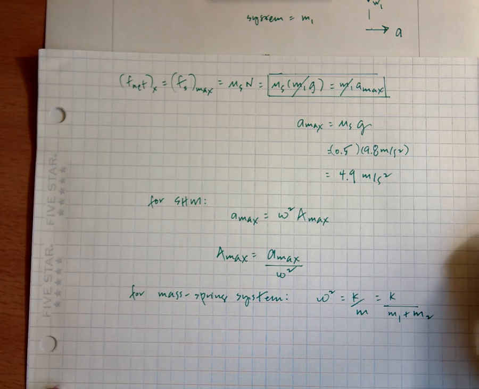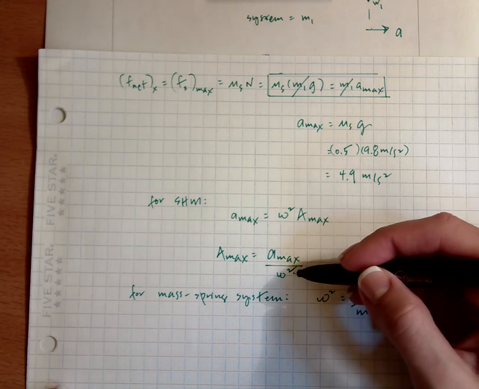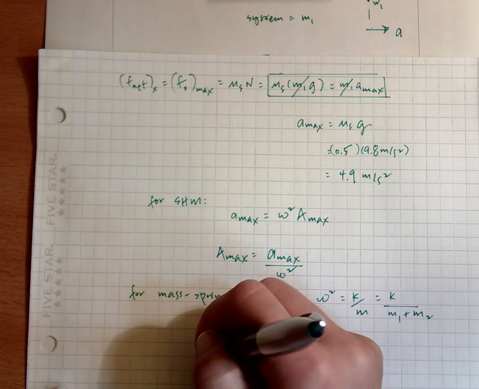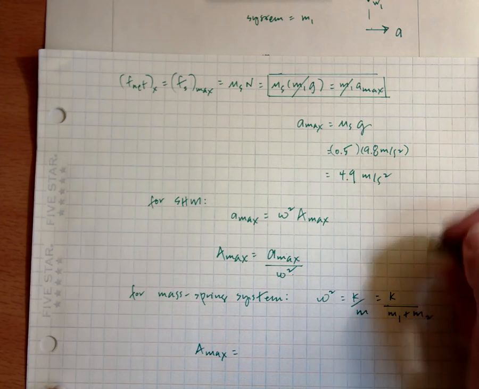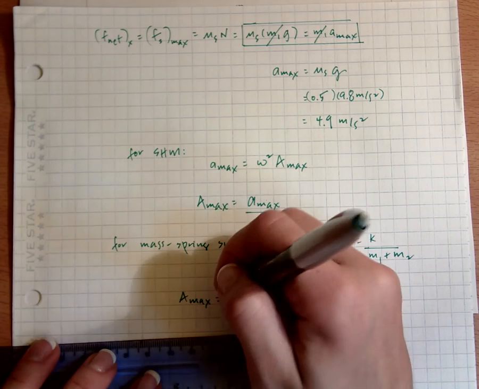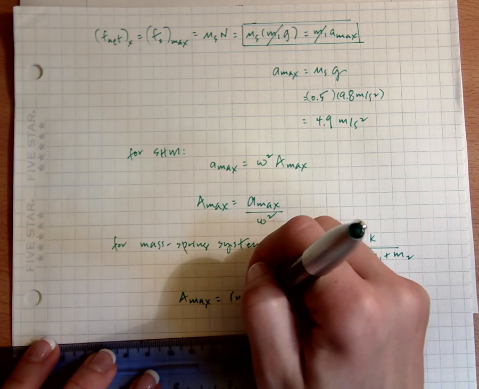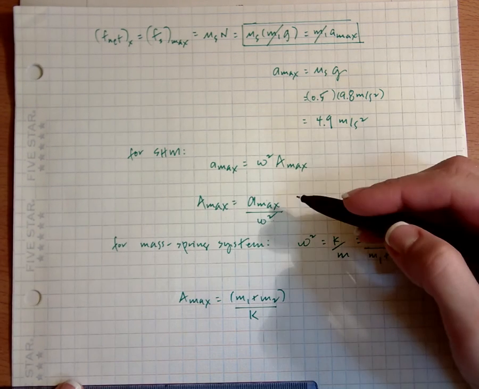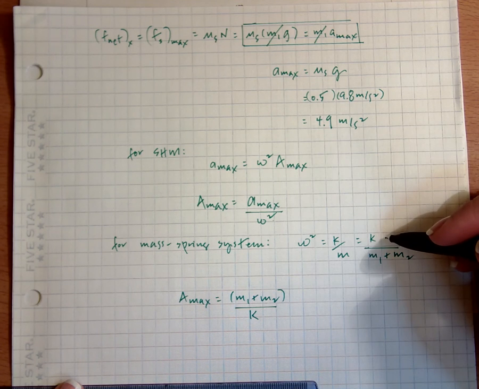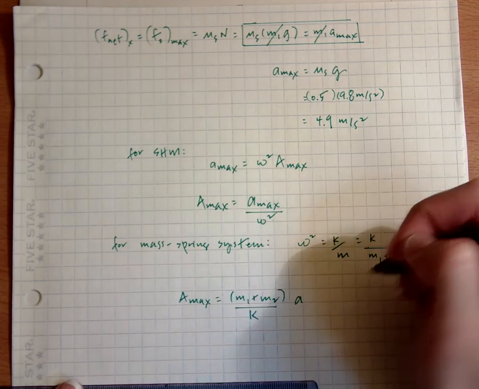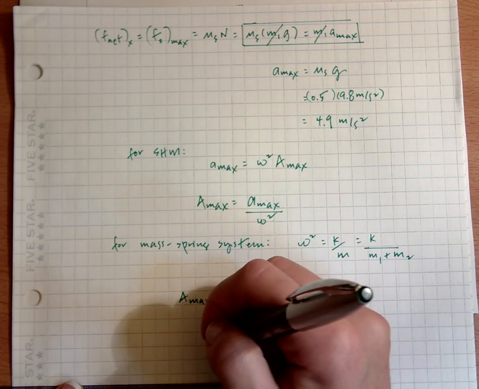So now if we go back and plug in the maximum acceleration divided by this expression, the maximum amplitude will be given by m1 plus m2 divided by k, because remember we're dividing by omega squared. So if we divide by omega squared, we end up with the m1 plus m2 in the numerator and k in the denominator times the maximum acceleration. And we know all of those things.